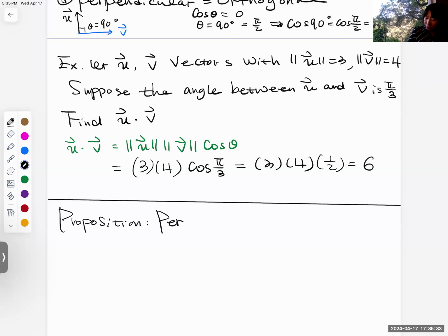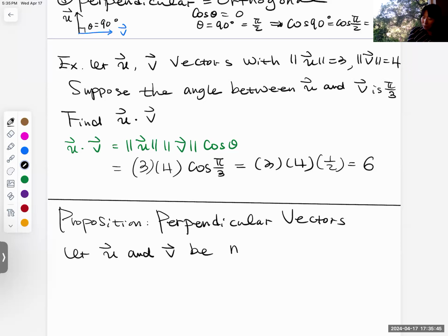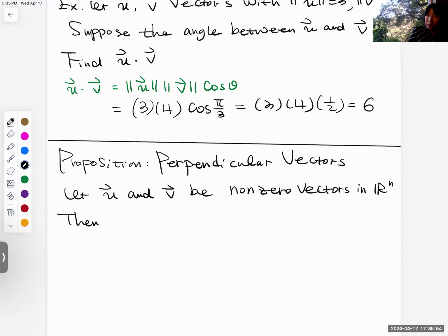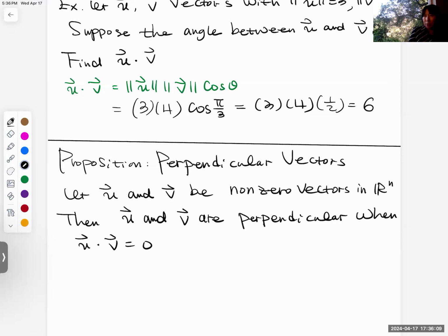Perpendicular vectors: let U and V be non-zero vectors in Rn, then U and V are perpendicular when the dot product equals 0.